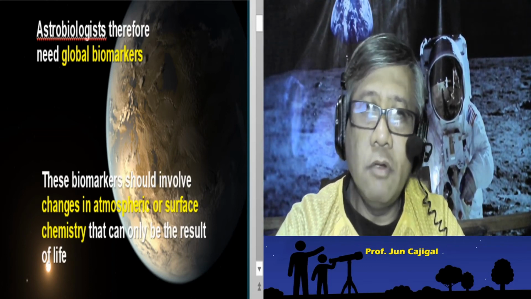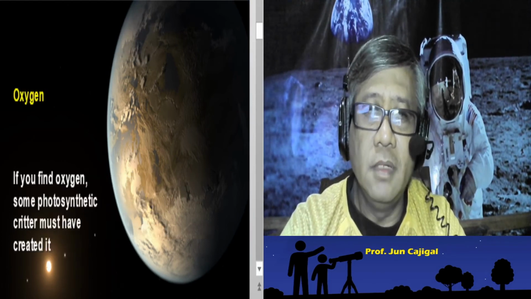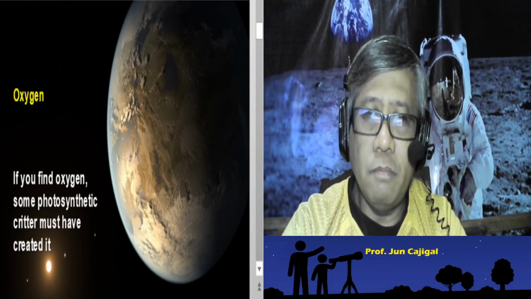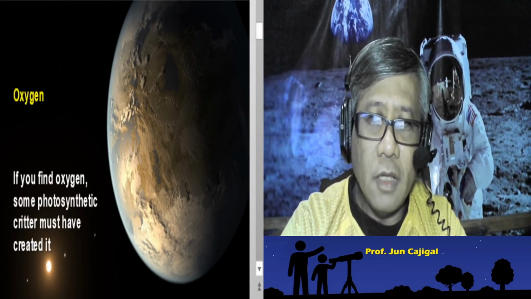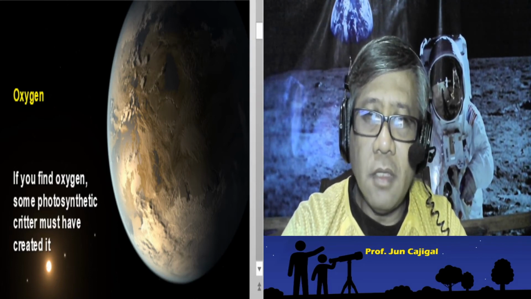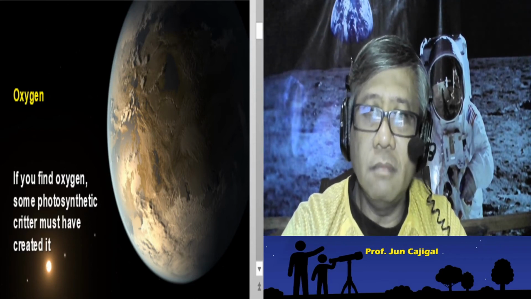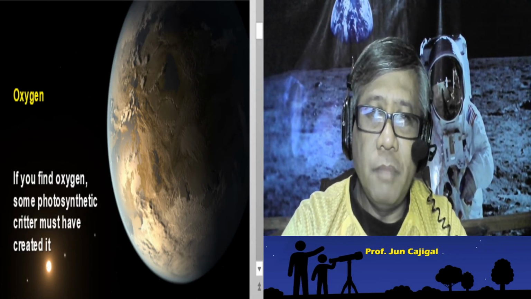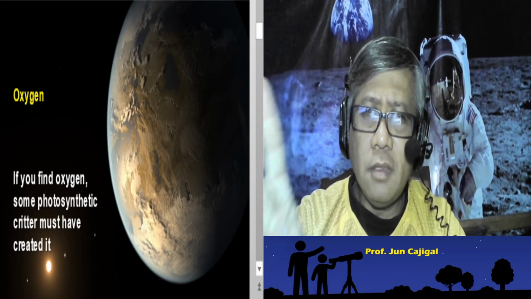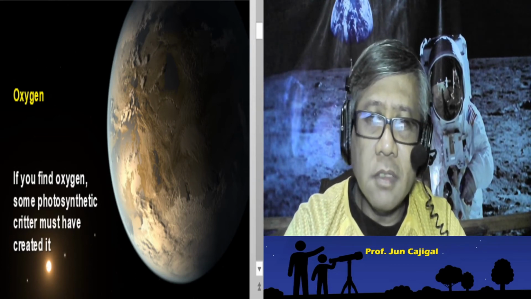So what are these global biomarkers? So number one is oxygen. So if you find oxygen in any of those exoplanets, then ano yung assumption natin doon? So there must be some photosynthetic organisms that must have created that oxygen. Diba? So pag may oxygen doon sa exoplanet na yan, that means only one thing, that there must be some photosynthetic organisms.